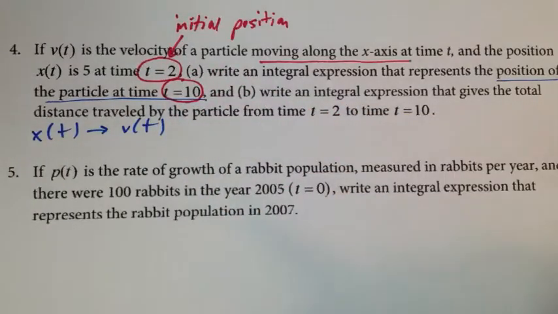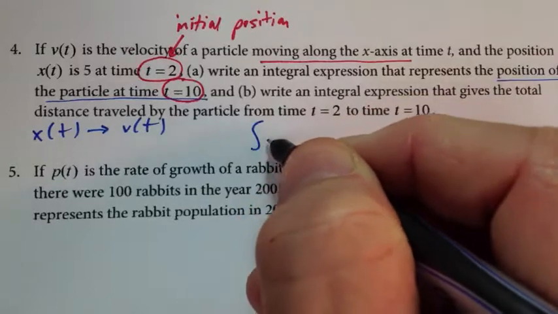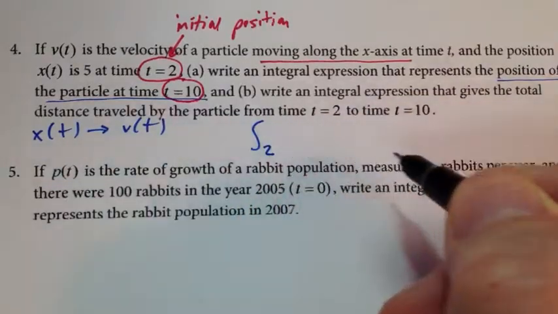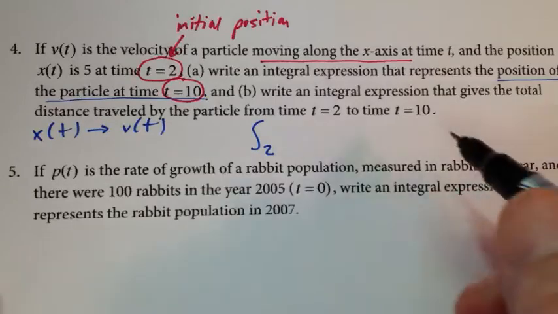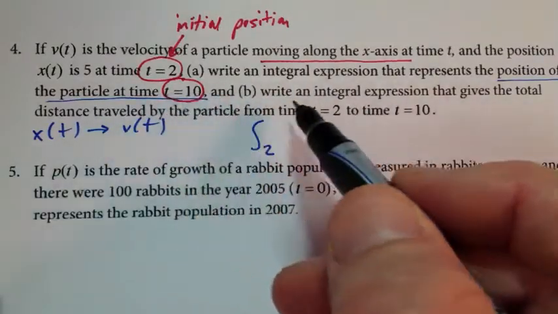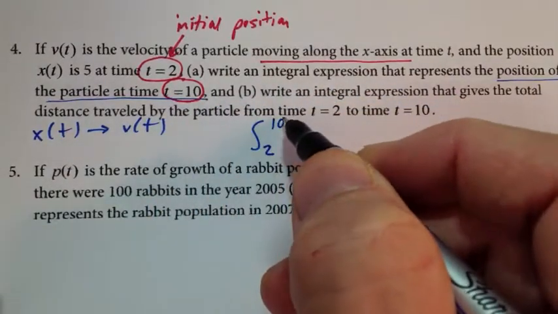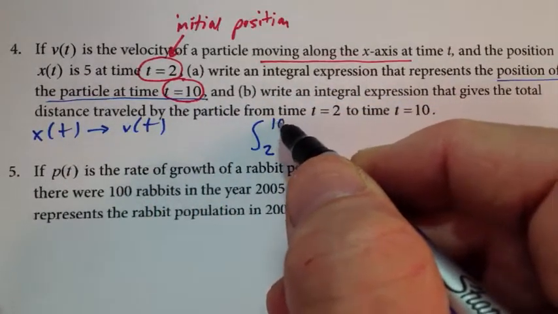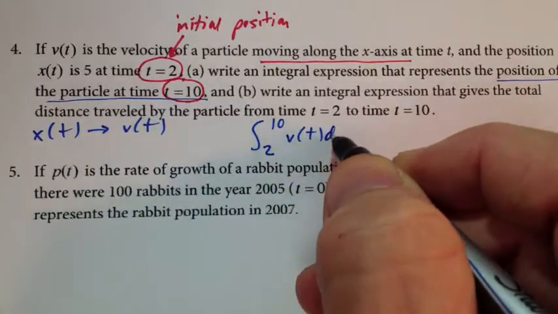You can start the time at any time you want, but if you have an initial time of t equals 2, then that initial time is going to be the lower limit of integration. Okay, the time that we don't know where the position is, that time t equals 10, so the unknown time would be the upper limit of integration, and v of t is the rate of change.